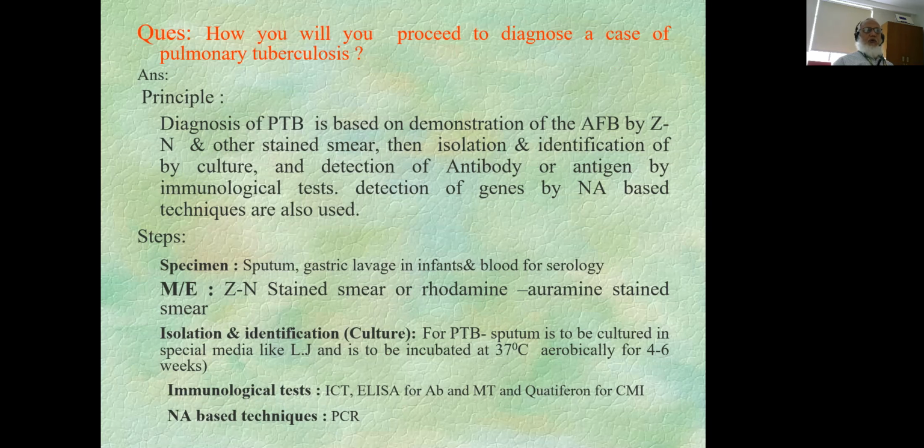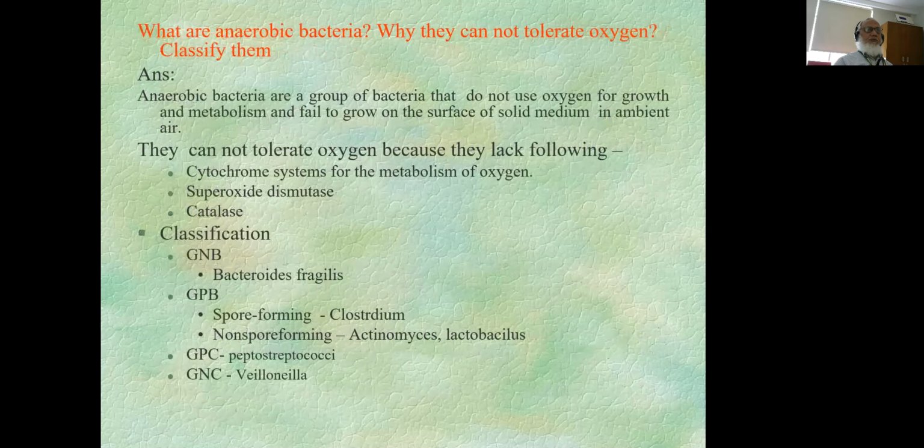Culture is very time consuming, requires special media, and has to be incubated aerobically for 4 to 6 weeks. Immunological tests include ICT, ELISA, Quantiferon, Mantoux test, and nucleic acid based tests: PCR, real-time PCR, GeneXpert. These are all used for diagnosis of pulmonary tuberculosis.